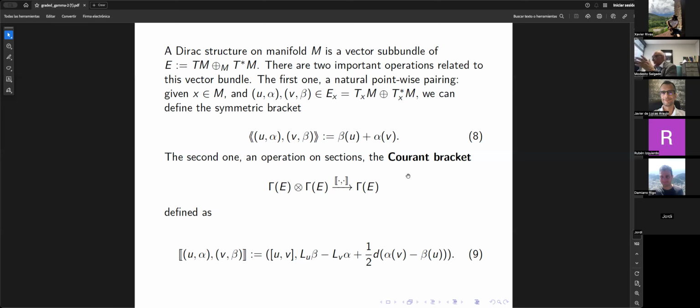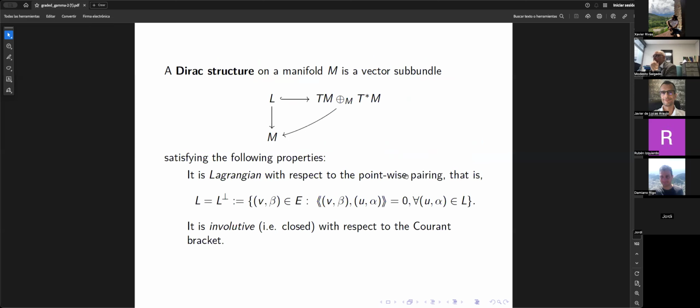And many people work with Dirac structures, because a Dirac structure is a way to take at the same time presymplectic structures and Poisson structures. Because if you have a presymplectic structure, we have a mapping from vector fields to one forms.